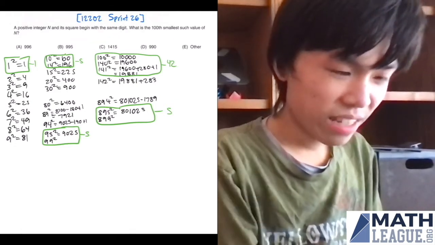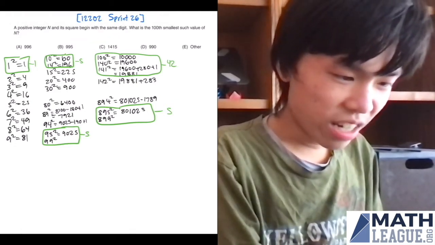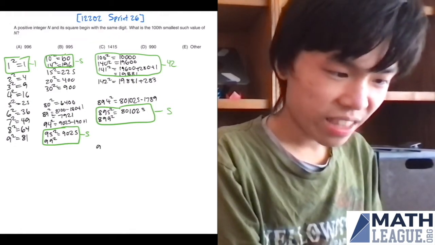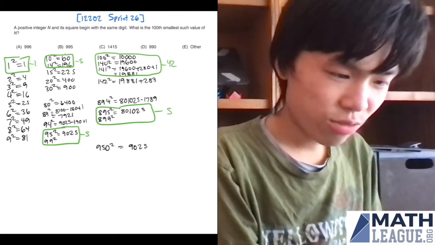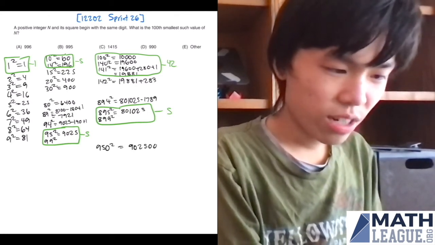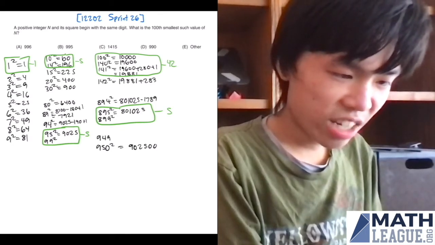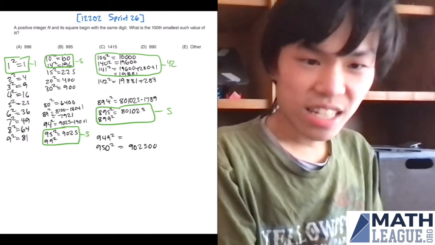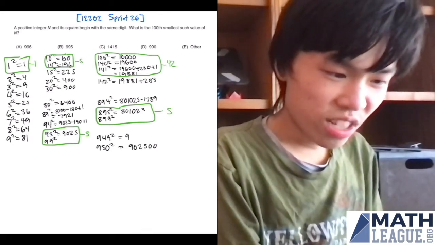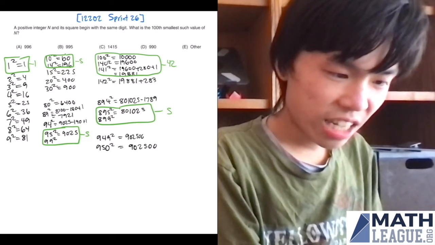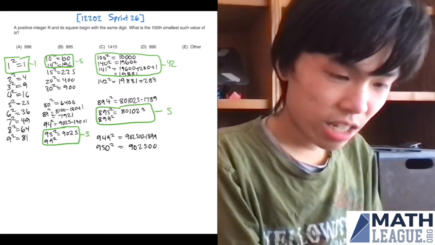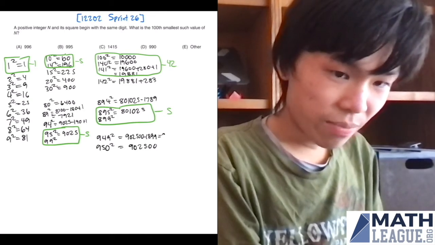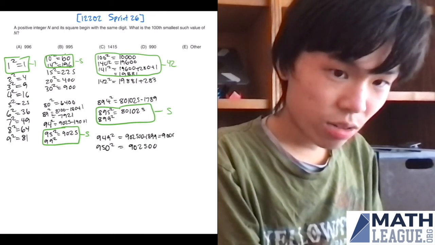Let's go. So now I'm going to check the 900s. I know 950 does work. 902,500 as the square. Now I need to check 949 squared. Using that same odd integers and squares notes, I can see that doing some subtraction is going to get 900,601.